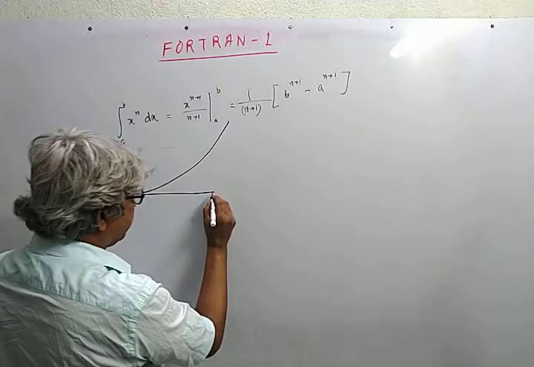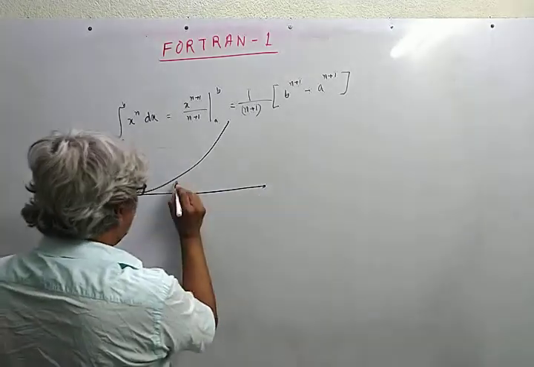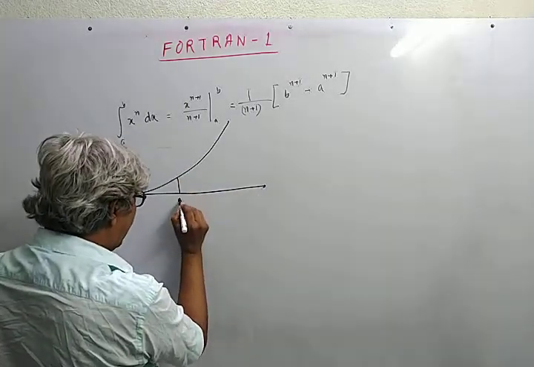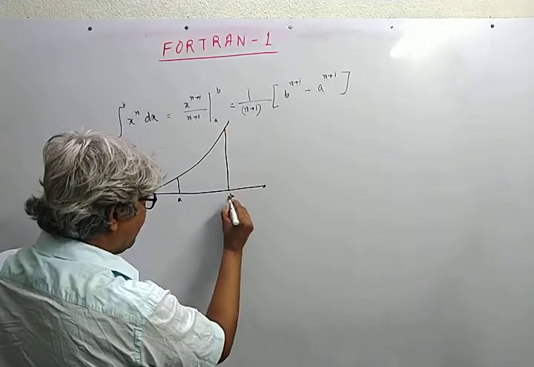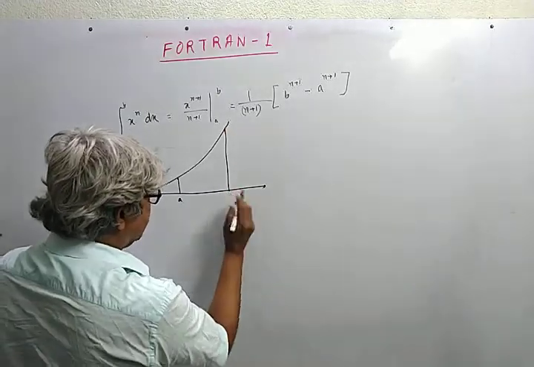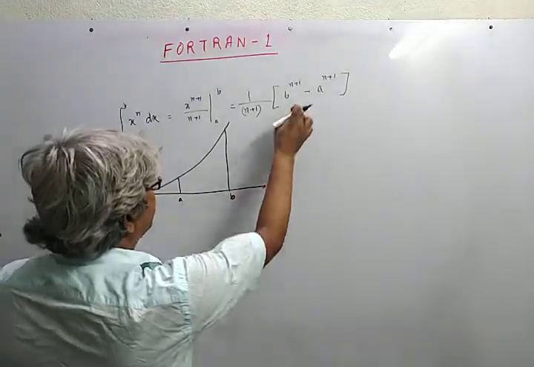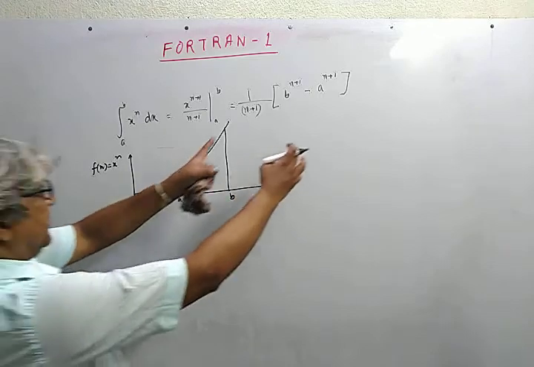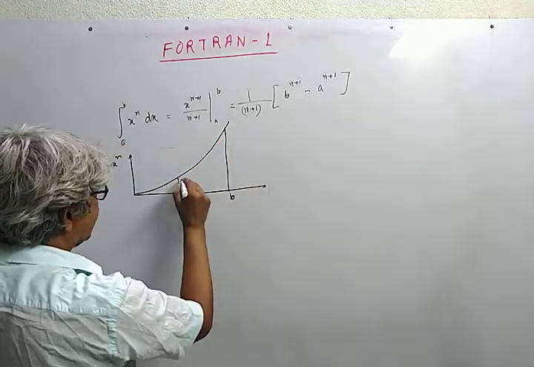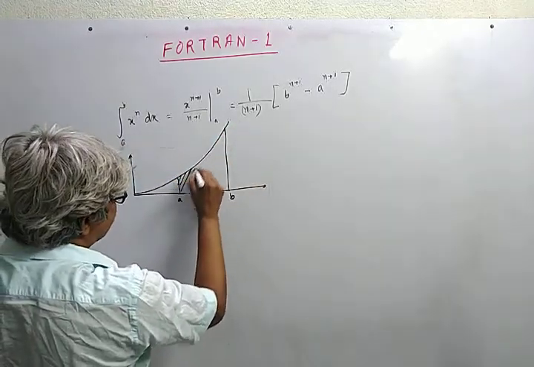What we are doing by this integration is estimating the area from x equal to a to b. If we try to assign a physical meaning to this, the quantity on the right hand side is nothing but the area of the shaded region.